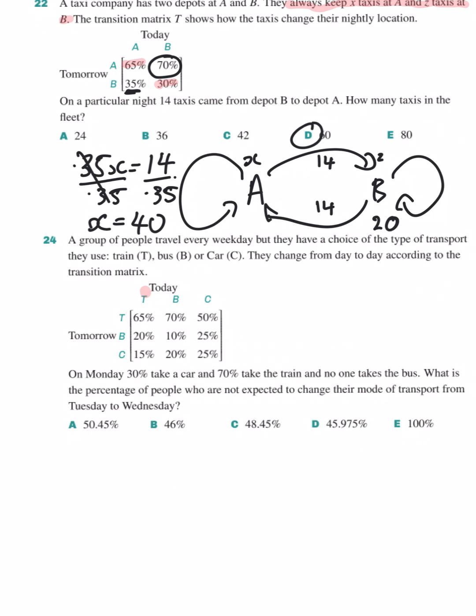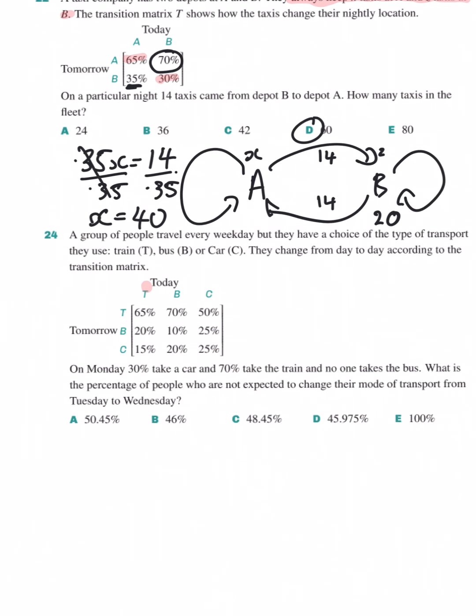What is the percentage of people who are not expected to change their mode of transport from Tuesday to Wednesday? So we've got the transition matrix here, and then we're told Monday, the initial state matrix, which I'll use for Monday.